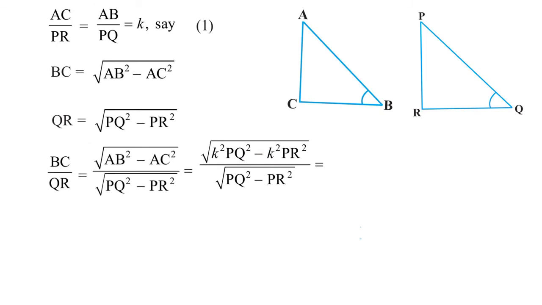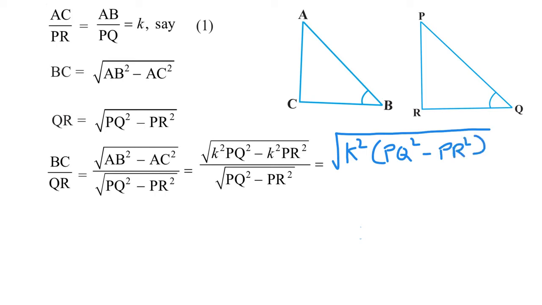So if I remove K squared out, what do I get? The square root of K squared times PQ squared minus PR squared. This whole thing will be divided by the denominator, which is going to remain the same, PQ squared minus PR squared.